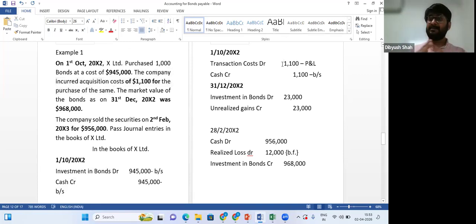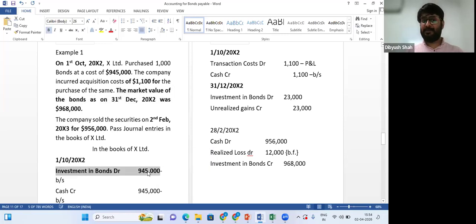So that is the first part. The second part of accounting says at every balance sheet date, I have to revalue it to fair value or market value. So the market value of the bonds on 31st of December 2002, the balance sheet date, was 968. Now see, my original acquisition price or capitalization value was 945.